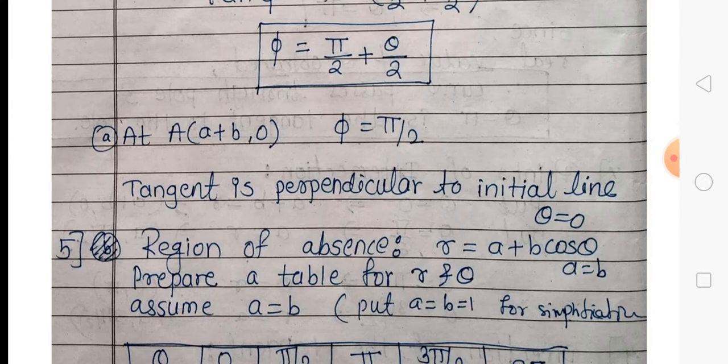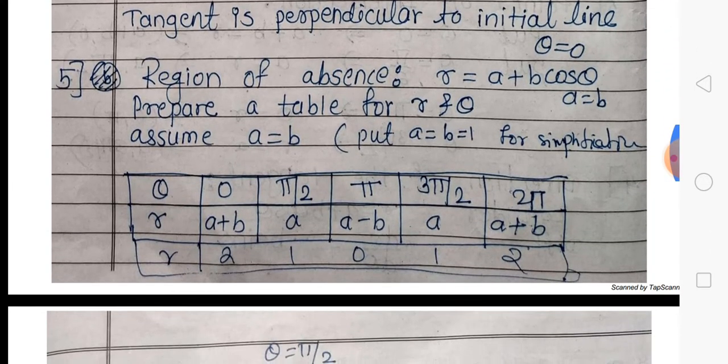If we put theta equal to 0, then we got phi is equal to pi by 2. Therefore, at point a plus b, 0, phi is equal to pi by 2. Therefore, the tangent is perpendicular to the initial line, theta is equal to 0 at that point.